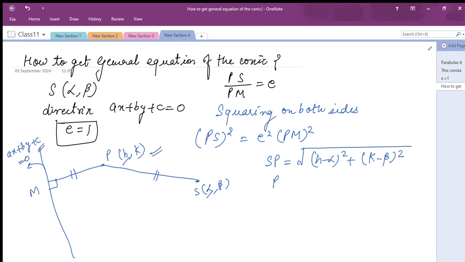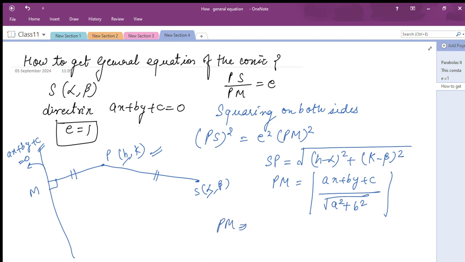When a straight line and a point are given, you will use this formula: ax plus by plus c, upon the square root of the sum of squares of the coefficients of x and y, and put this point into it. The point is h comma k, so you can write ah plus bk plus c upon a square plus b square.